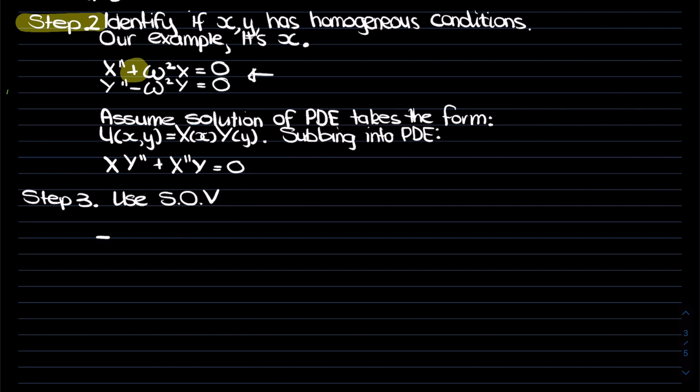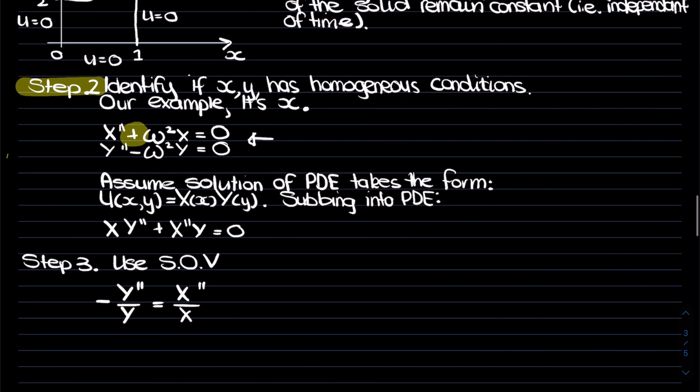So I'm going to put it with the y here: minus Y double prime over Y equals X double prime over X. And if x had the non-homogeneous condition, I'd put this negative sign here with the x instead.